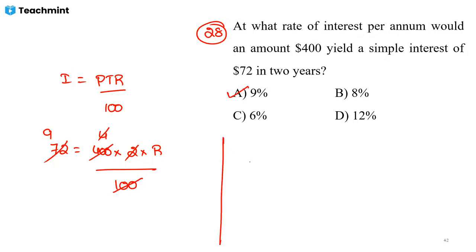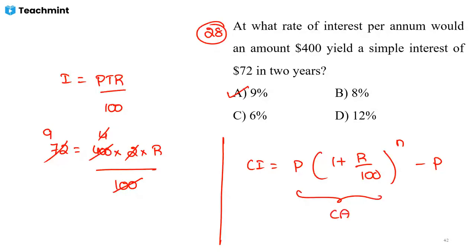If it is compound interest, principal into (1 plus r upon 100) whole power n, where n is the number of years, minus principal you should do. This is called compound amount. When they use the word amount, you have to stop here. When they ask interest, you have to remove the principal. In compound interest, we can do like this.